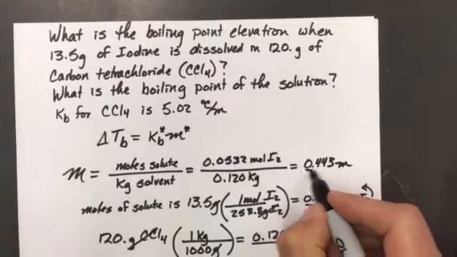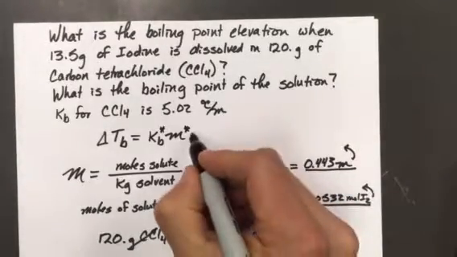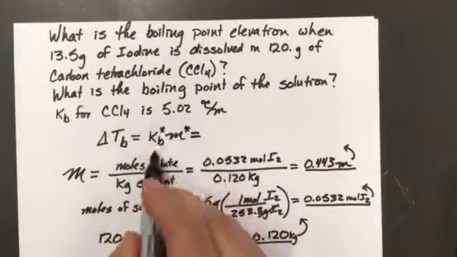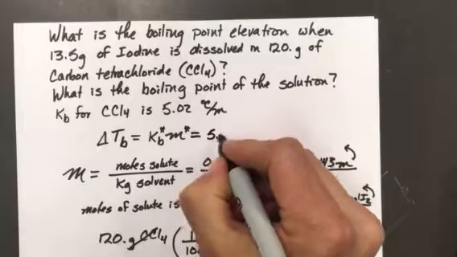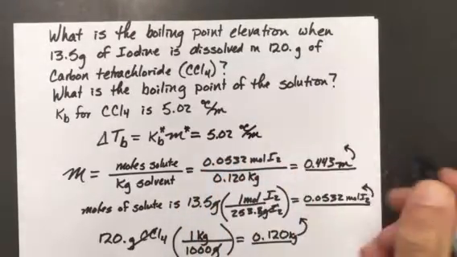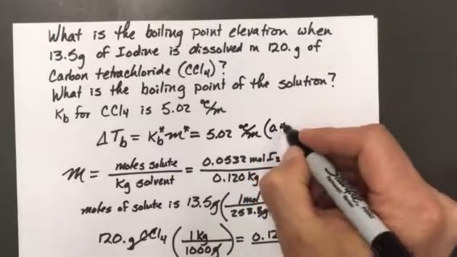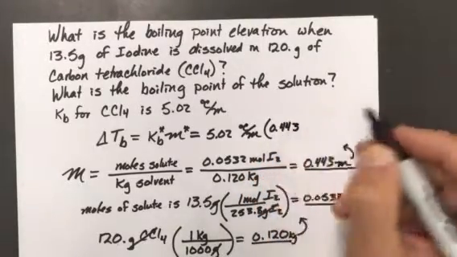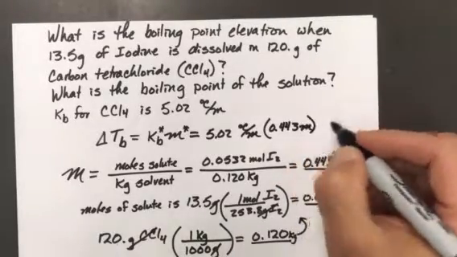So now that I have the molality, I have this one. Now I can take this and plug it into that one. So we can just extend this out. K_B, this was the number for that. So 5.02 degrees Celsius per molality multiplied by 0.443 molal, which is the shortened name for that.